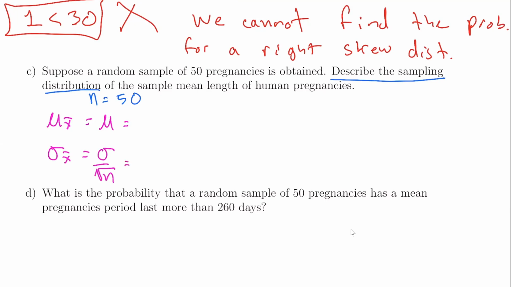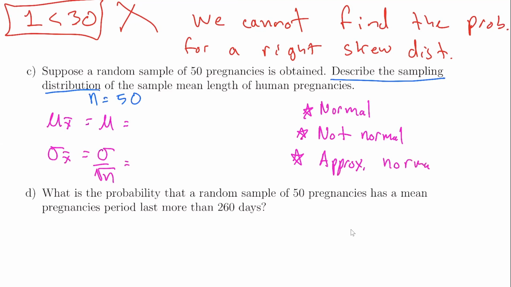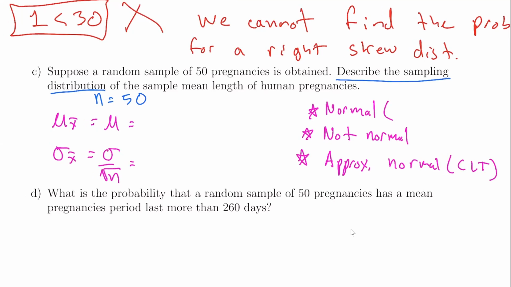And you want to tell me if the distribution is normal, is not normal, or can we say it is approximately normal? To be able to say it's approximately normal, that's where the CLT will be used. If it's normal, the problem should state it's normal.